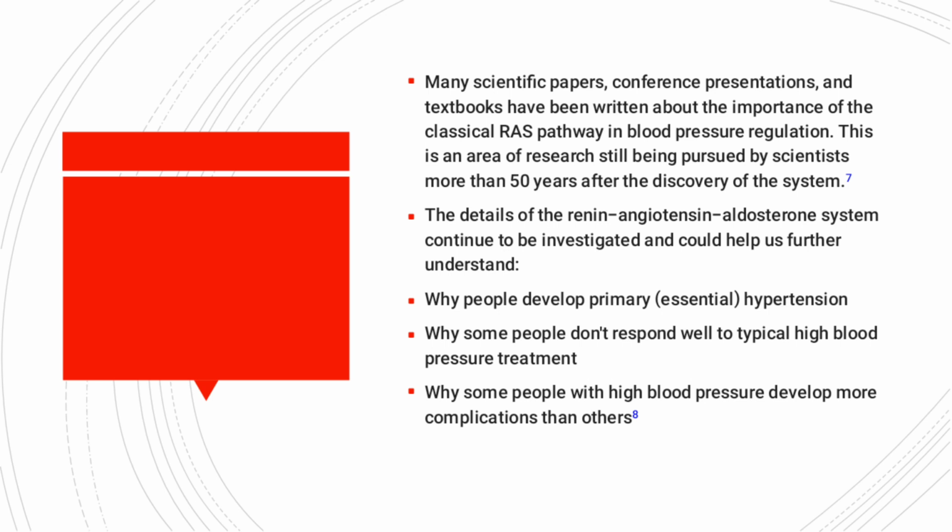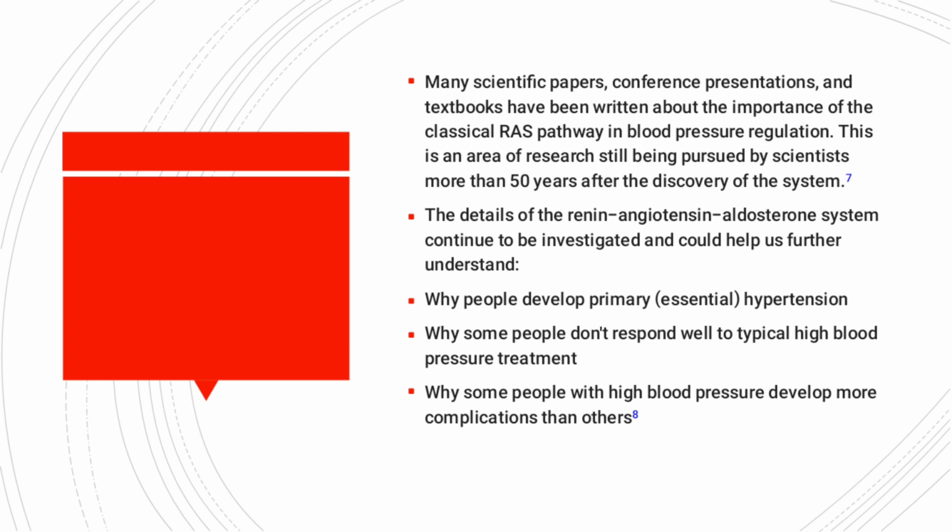Many scientific papers, conference presentations, and textbooks have been written about the importance of the classical RAS pathway in blood pressure regulation. This is an area of research still being pursued by scientists more than 50 years after the discovery of the system.